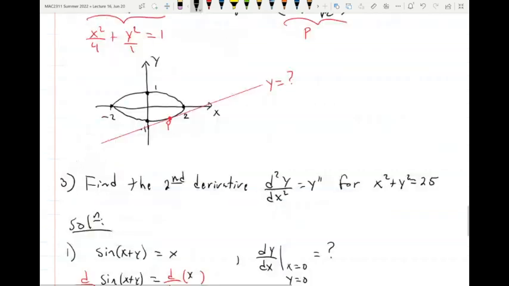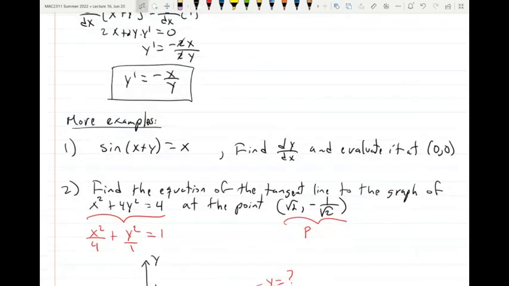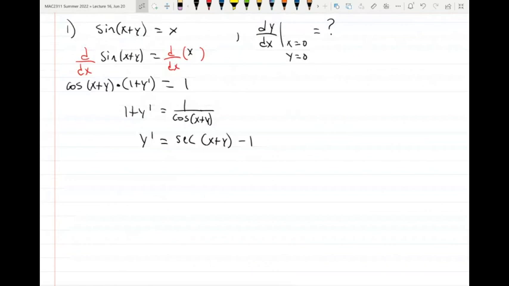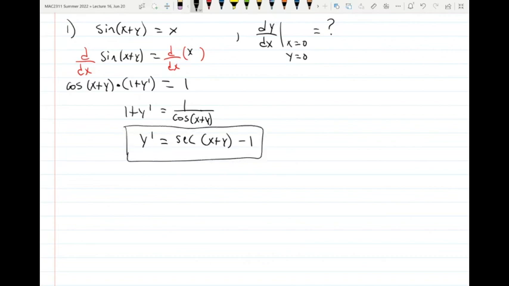Now what is it that we need to do? Remember, the question was to find the derivative and evaluate it at the point 0, 0. So now that we have the derivative, we plug in 0 for x, 0 for y. So dy dx evaluated at 0, 0 is secant of 0 plus 0, minus 1.